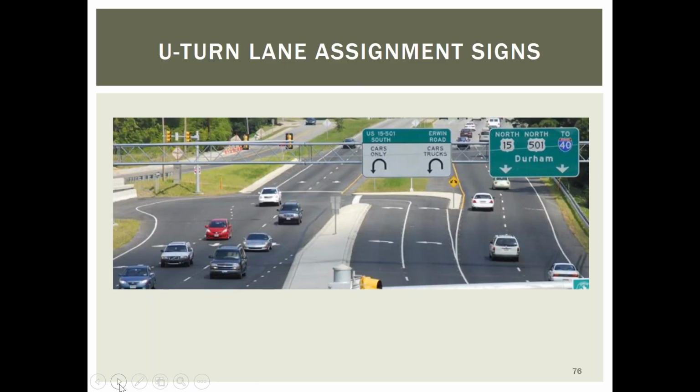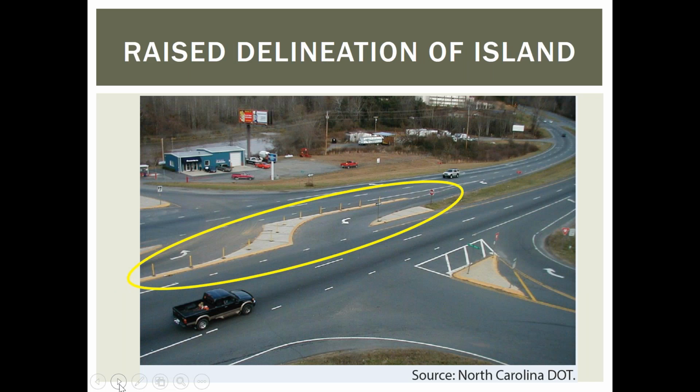And then the only other thing, maybe a little different with signing, is for the U-turn bay at a signalized version where we've got dual U-turn bays. And if we want to keep our trucks in the outside lane to be able to take advantage of the bulb out or the turnaround.